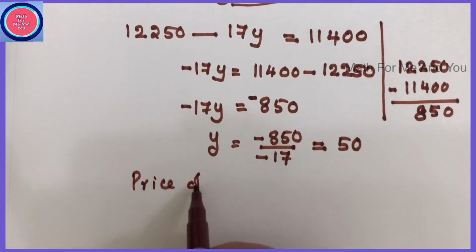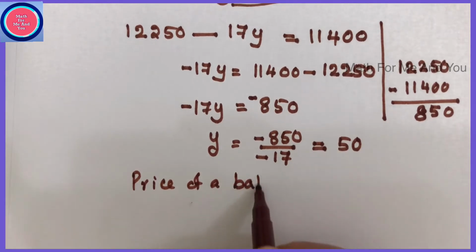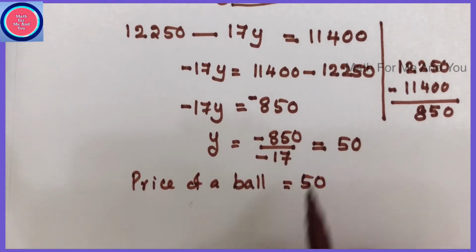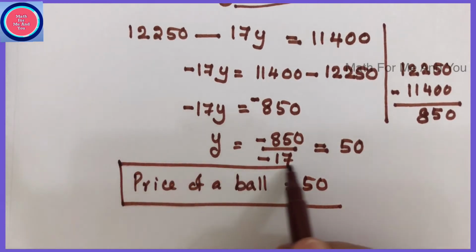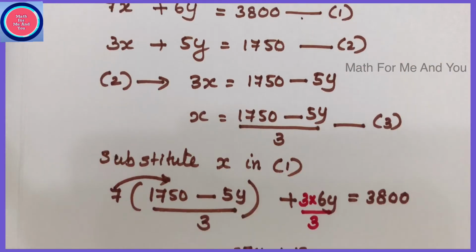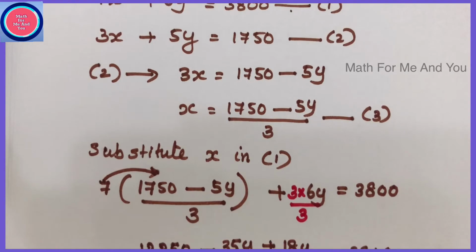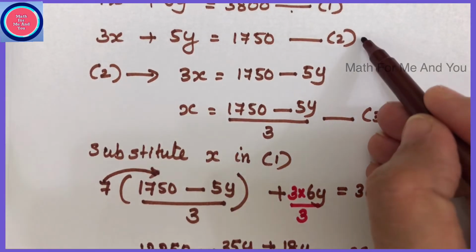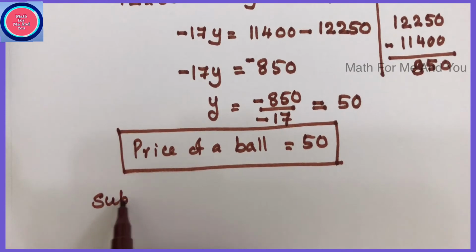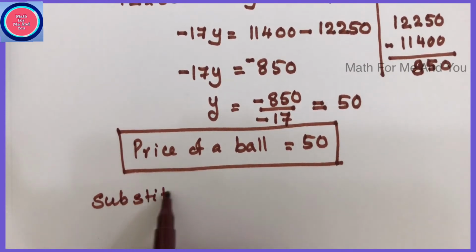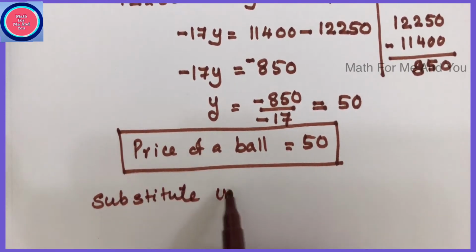y is the price of a ball. That means the price of a ball is equal to 50 rupees. Now using this value, we can find the price of a bat, that means what is x. You can use any of the equations, but comparatively the easiest equation is equation 2. Substitute this value of y equals 50 in equation number 2.